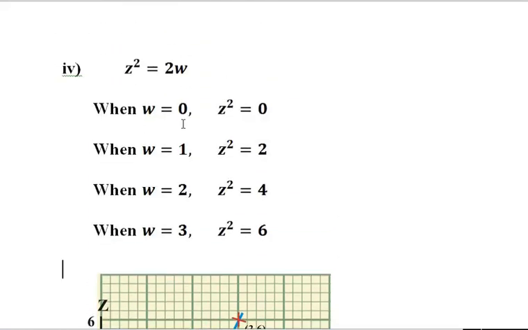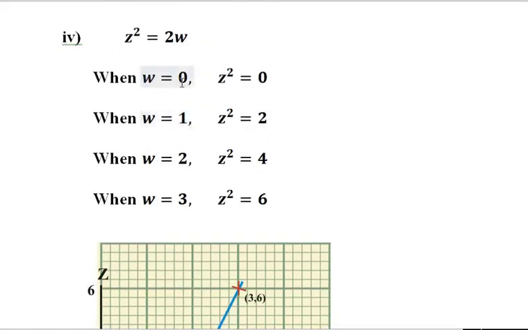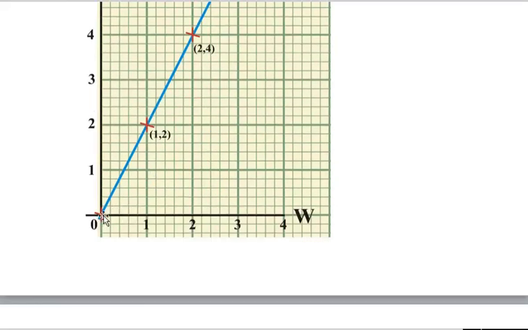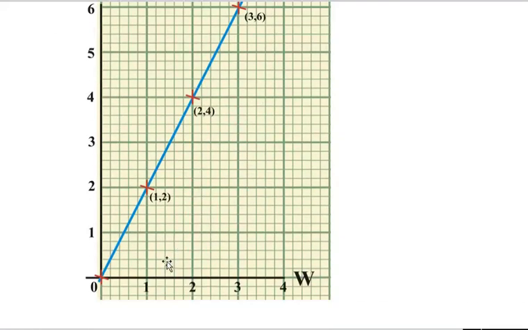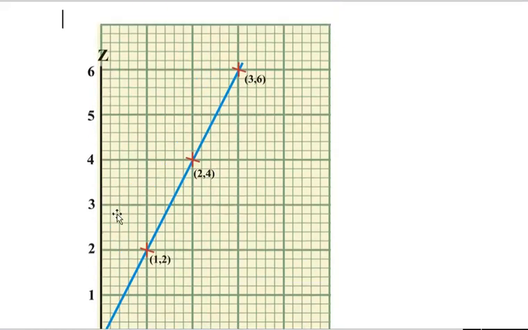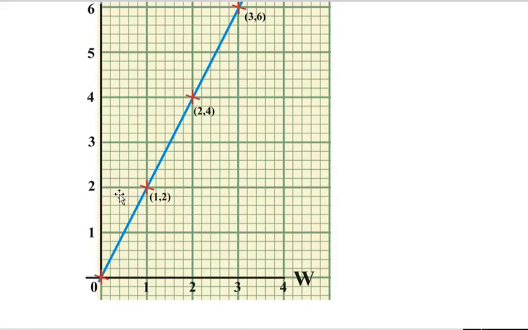Now the first ordered pair is w equals 0 and z square equals 0. So we get the point of intersection at this point where both w and z square are 0. Second ordered pair, when w equals 1 and z square equals 2, so I will take 1 unit from w and 2 units from z square, and the point of intersection between these two numbers is 1 and 2.